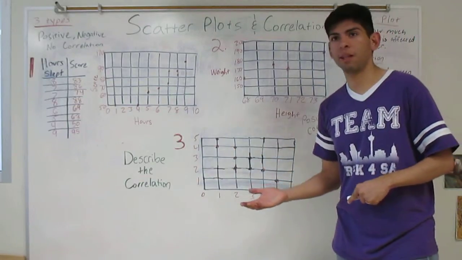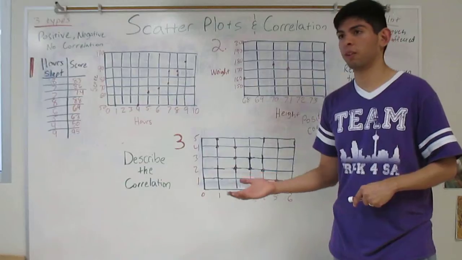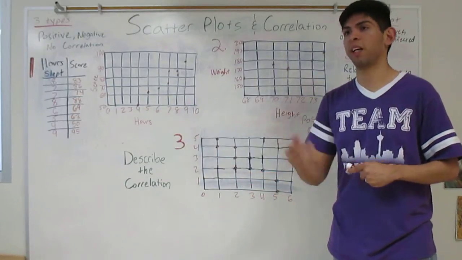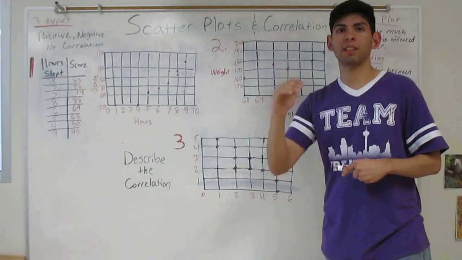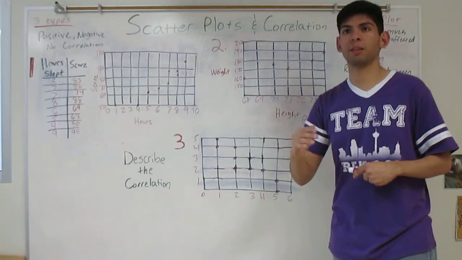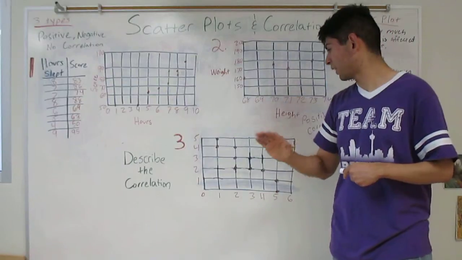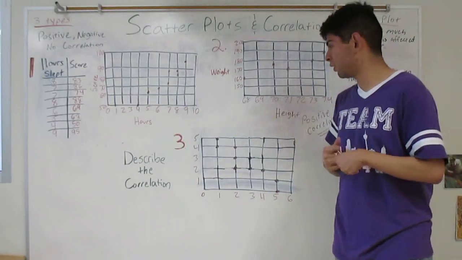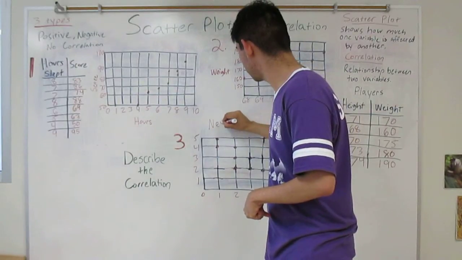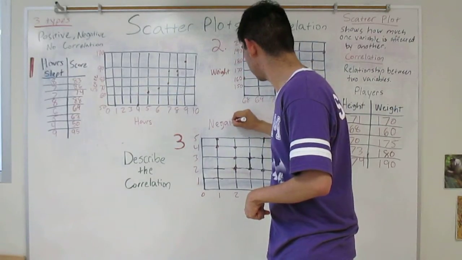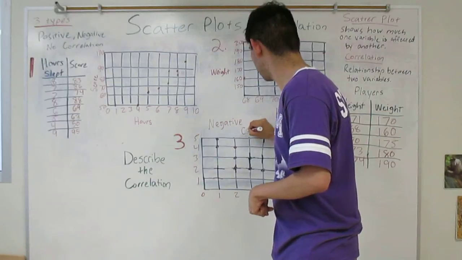And what do we say about that correlation, which is negative, correct? As one variable increases, the other variable is decreasing, causing a negative slope. So right here we'll just write it's a negative correlation.